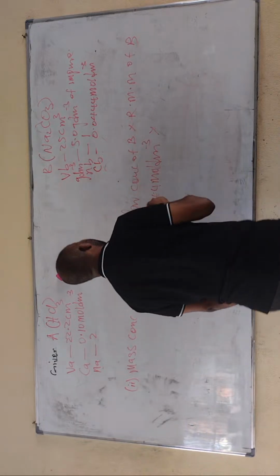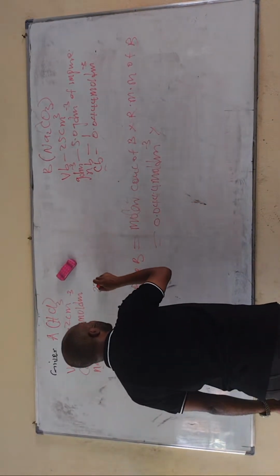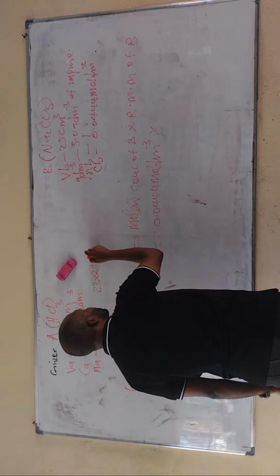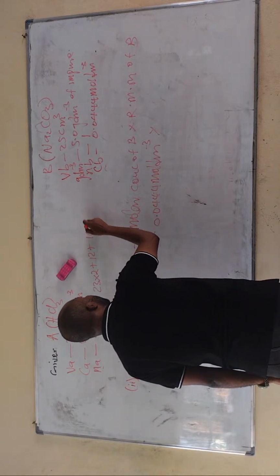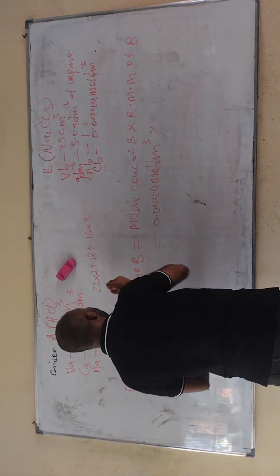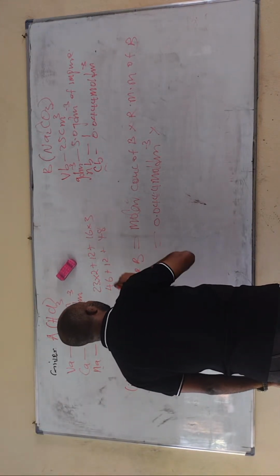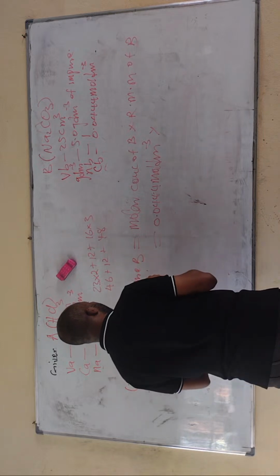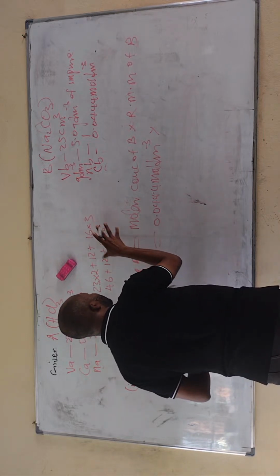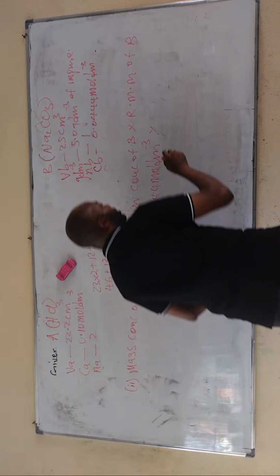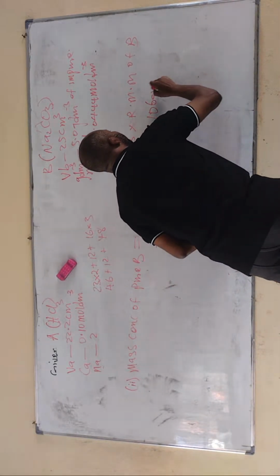The relative molecular mass: sodium is 23 times 2, plus carbon is 12, plus oxygen is 16 times 3. This is 46 plus 12 plus 48, which is 106 g per mole.